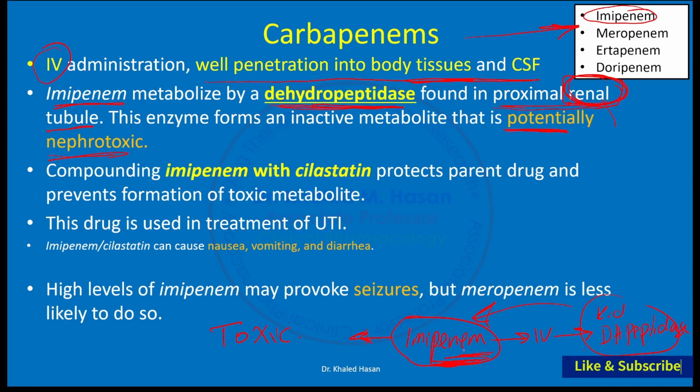Number one, we need to keep the activity of the antibiotic. Number two, we need to prevent the toxic effect. For this reason, we combine imipenem with cilastatin. Cilastatin is a substance that inhibits the enzyme dehydropeptidase.